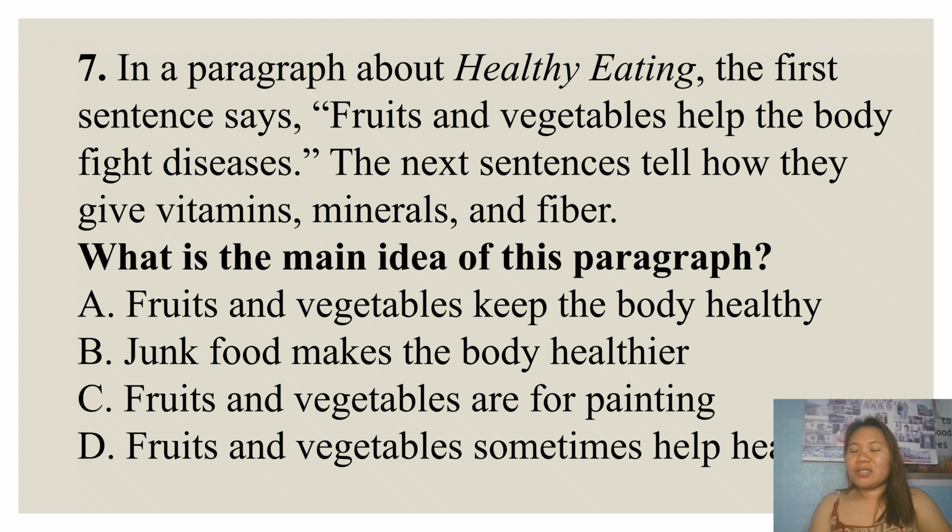A. Fruits and vegetables keep the body healthy. B. Junk foods make the body healthier. C. Fruits and vegetables are for painting. D. Fruits and vegetables sometimes help us in being healthy.